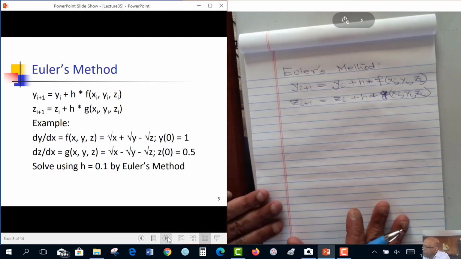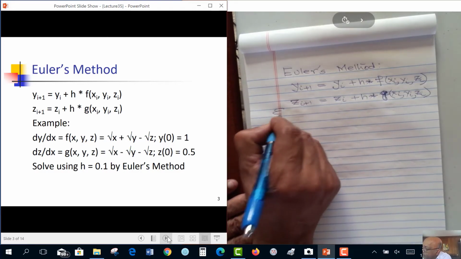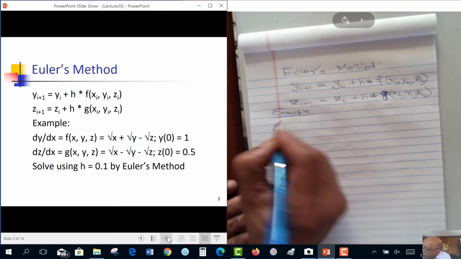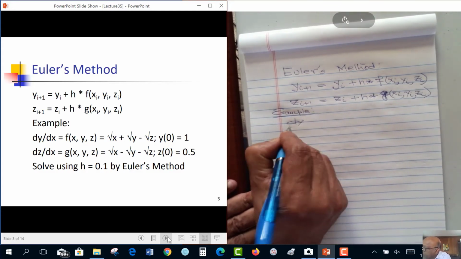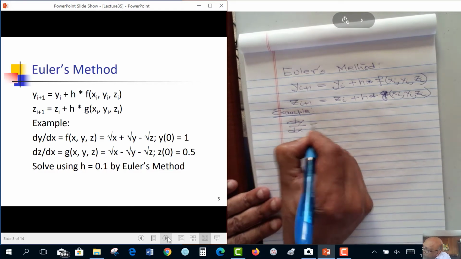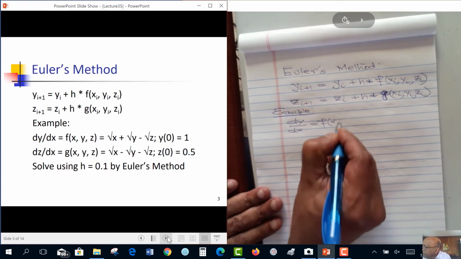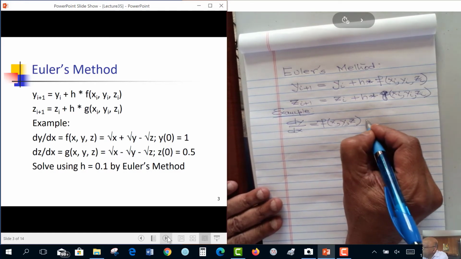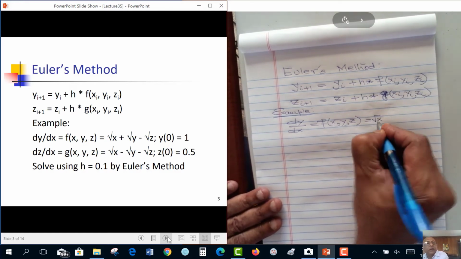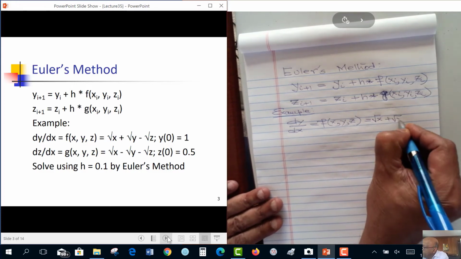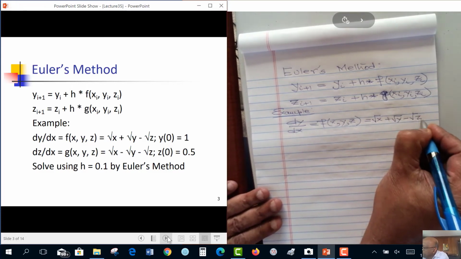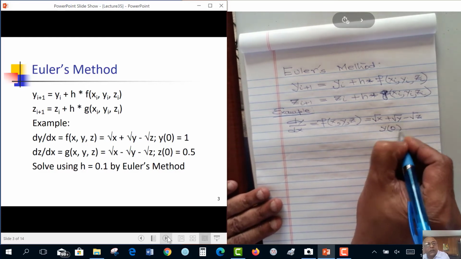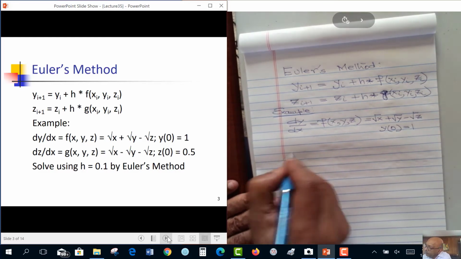Okay, let's take our example problem. Let's say we are given dy/dx, which is a function of x, y, z. And our function is square root of x plus square root of y minus square root of z. And the initial condition here is y at x equal to 0 is 1.